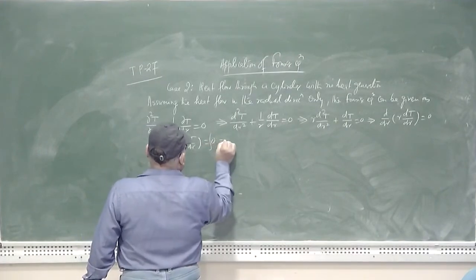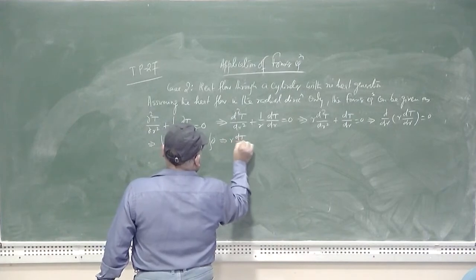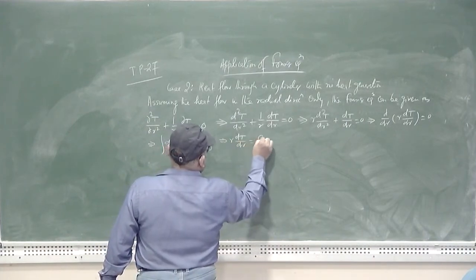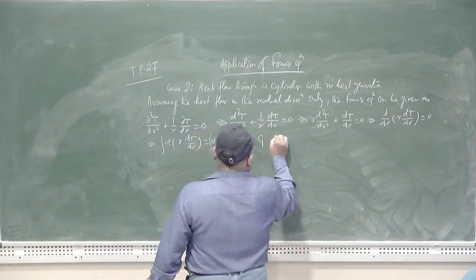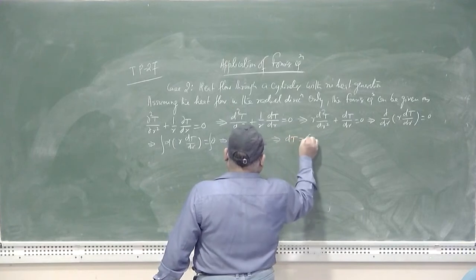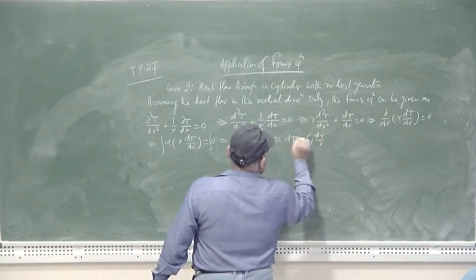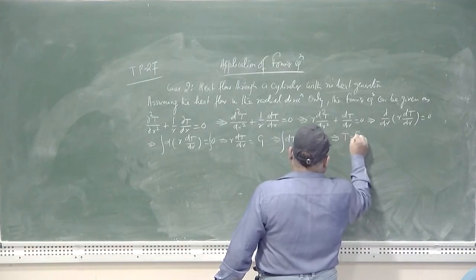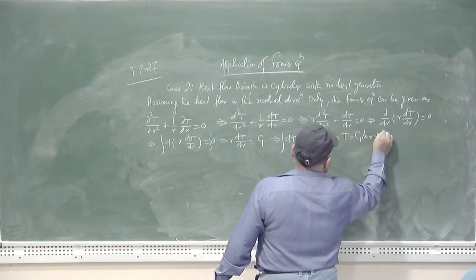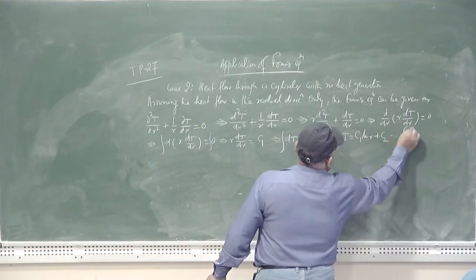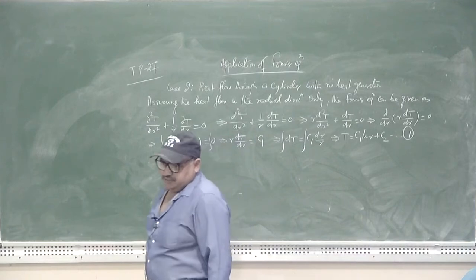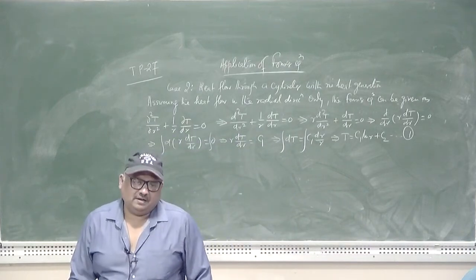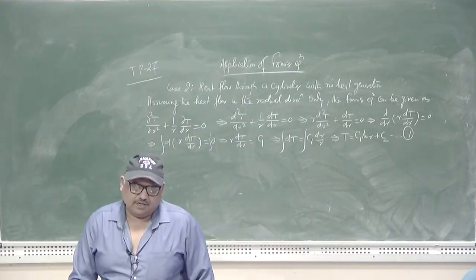Integrate this, so r dT by dr is equal to C1, or dT is equal to C1 dr by r. Integrate this again, so T is equal to C1 ln r plus C2. This equation number 1 is the temperature profile for the cylindrical system.